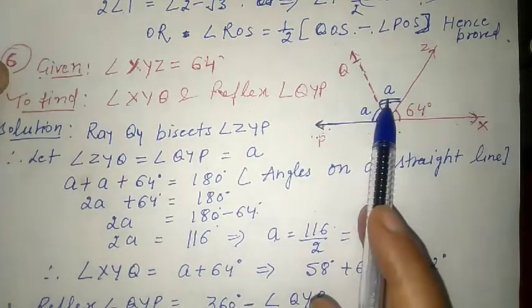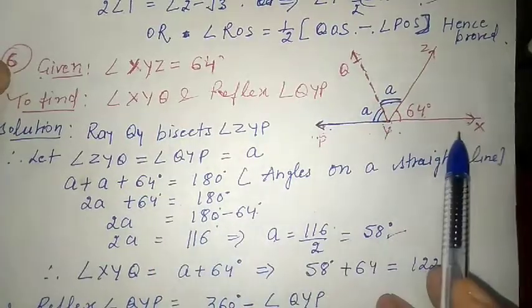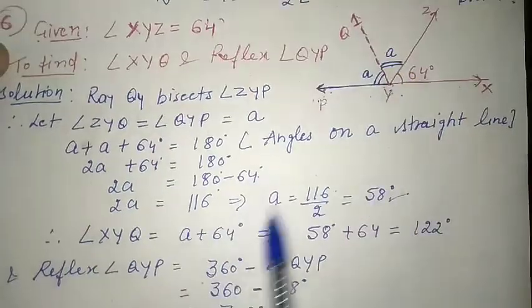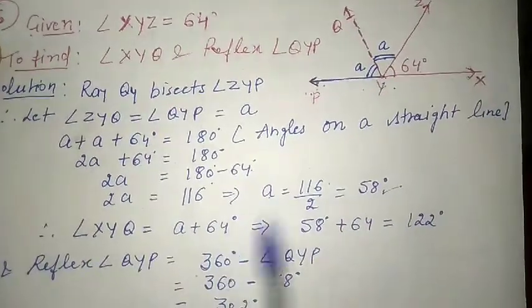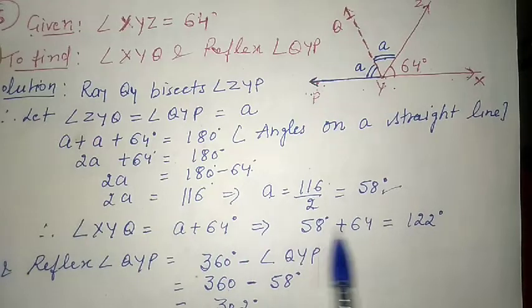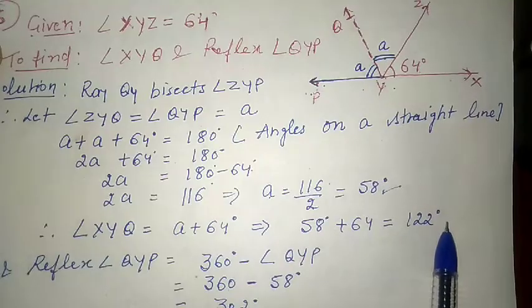This is the value of A. So first we have to find angle XYQ. XYQ is the sum of two angles, A and 64. A is 58 and 64 is already given. So 58 plus 64 is 122 degrees.